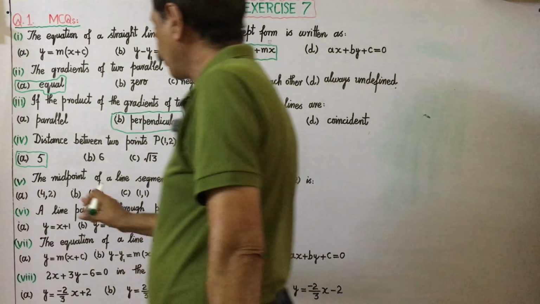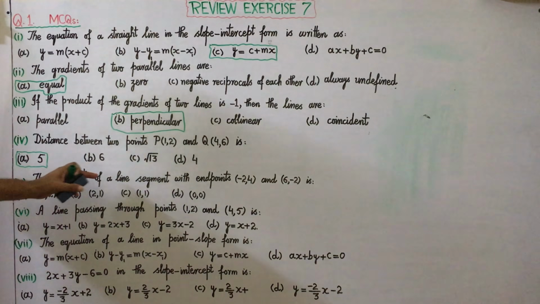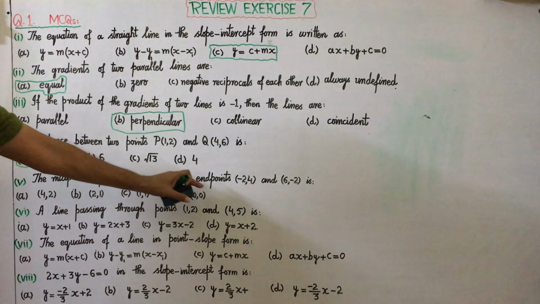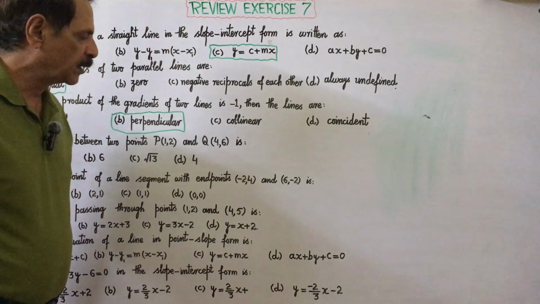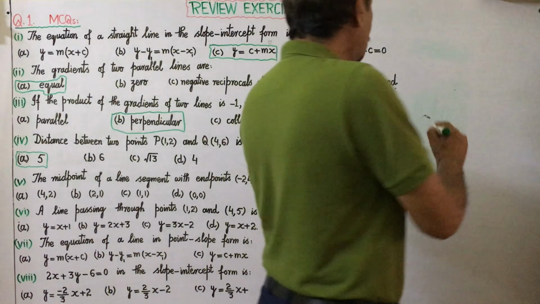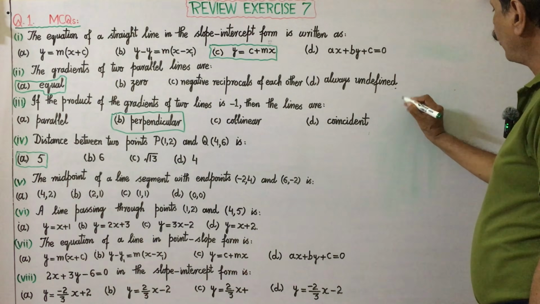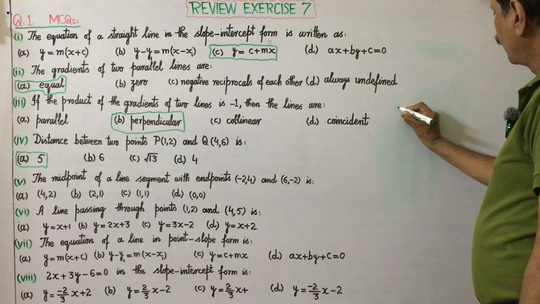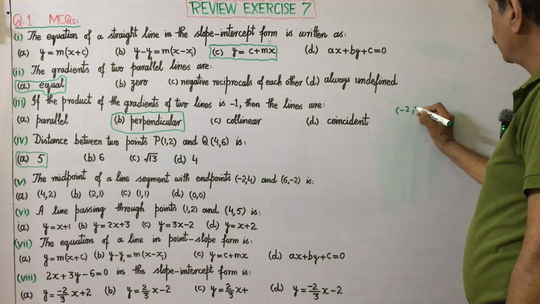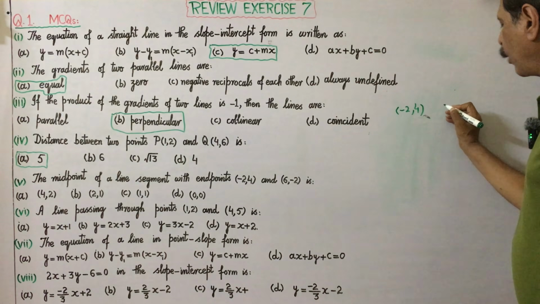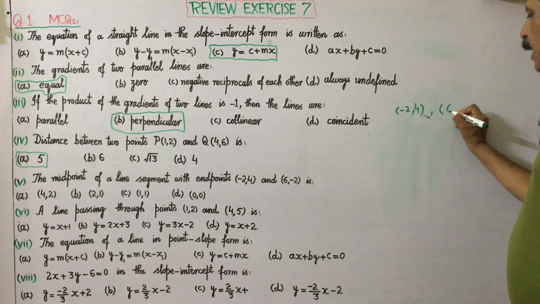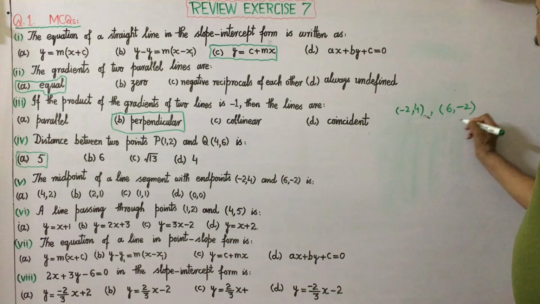Fifth MCQ. The midpoint of a line segment with endpoints this and this is. What is the midpoint of these 2 points? One point is -2 and 4. Second point is 6 and -2.